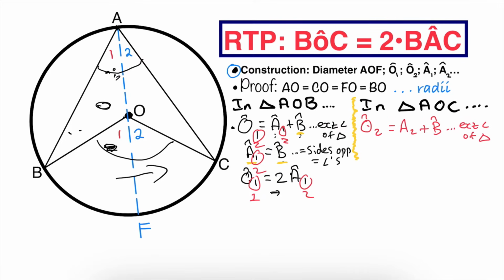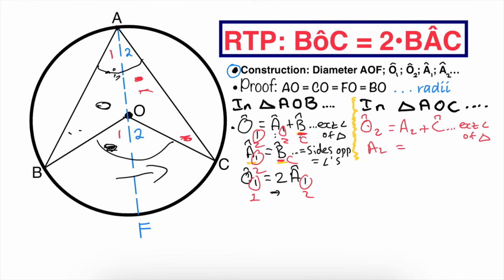Then A2 equals to, oh, I'm sorry, guys. Remember, this side it's an A2 and a C. So where you see B, you're going to write C, right? Does that make sense? Because A2 and B, nah, but A2 and C, yeah.